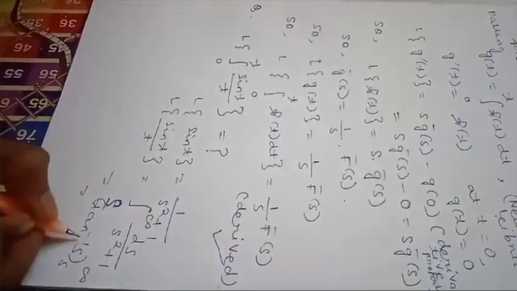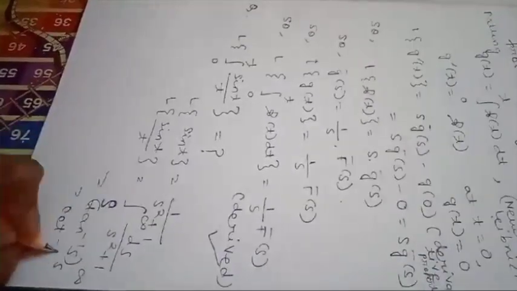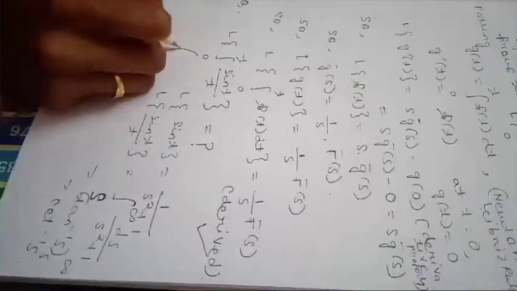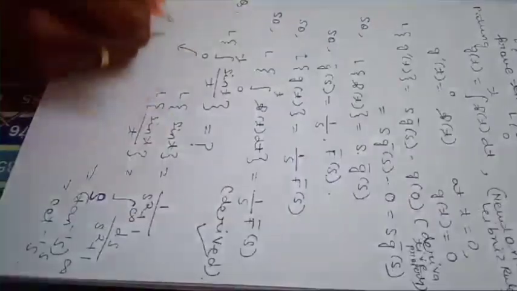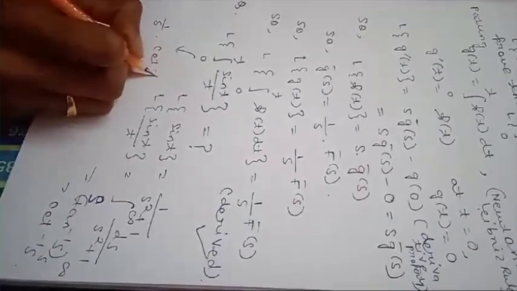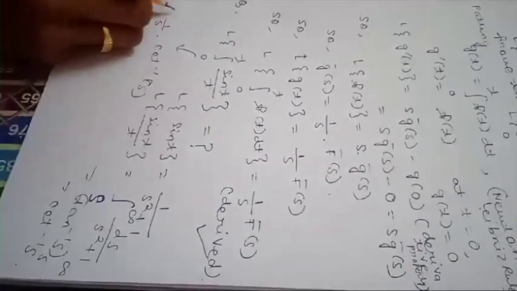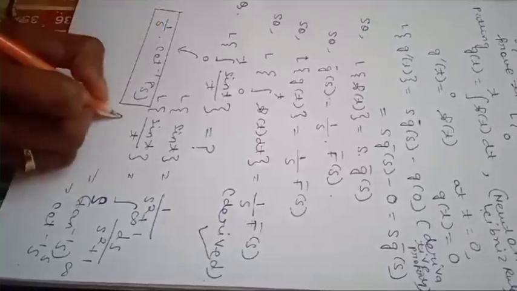Tan inverse of infinity is pi by 2, minus tan inverse of s, which results in cot inverse of s. So that is the final answer.